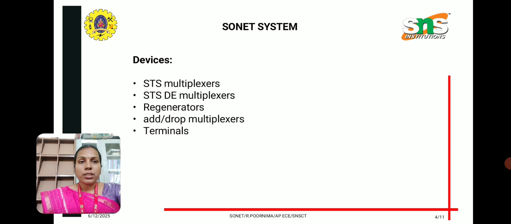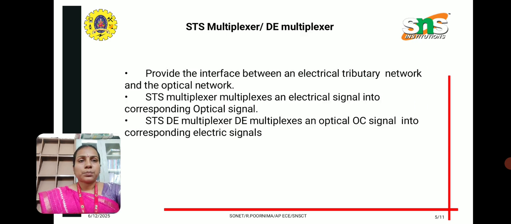And the devices used in the SONET system are as follows: STS multiplexer, demultiplexers, and regenerator, which is used for amplification and retransmission of the signal, and add-drop multiplexers and terminals. So what is the need for the STS multiplexer and demultiplexer? It provides the interface between the electrical network and the optical network.